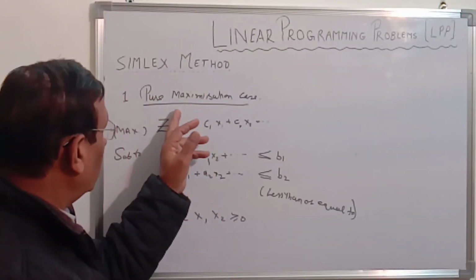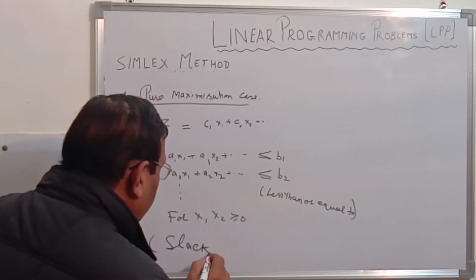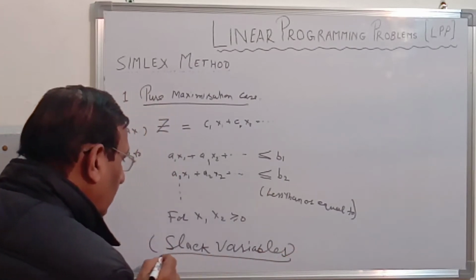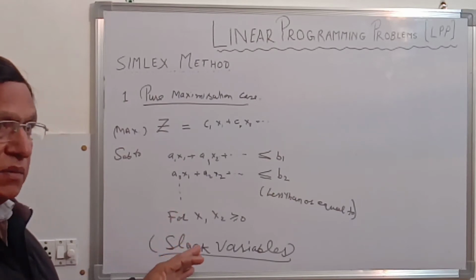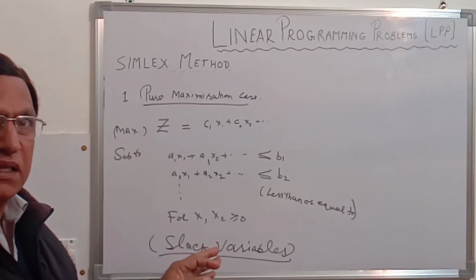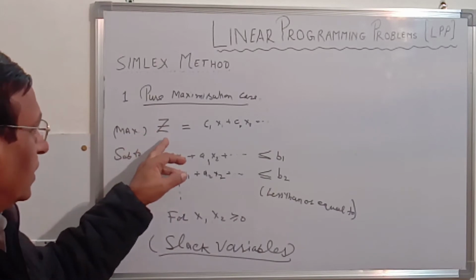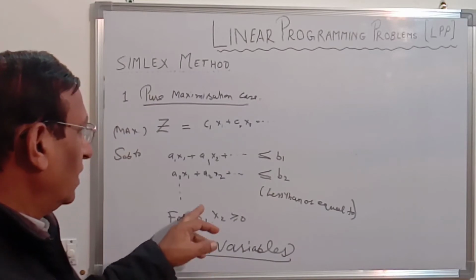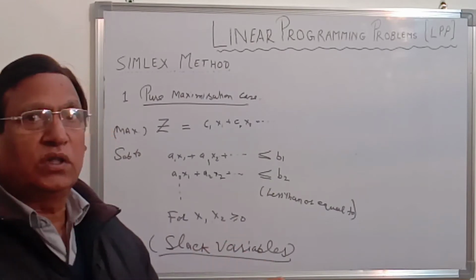But when the problem is of pure maximization, we use slack variables. What are slack variables? Slack variables are basic variables which are added into the objective function with zero coefficient and into the constraints with one coefficient in such a way that these slack variables form a unitary matrix.